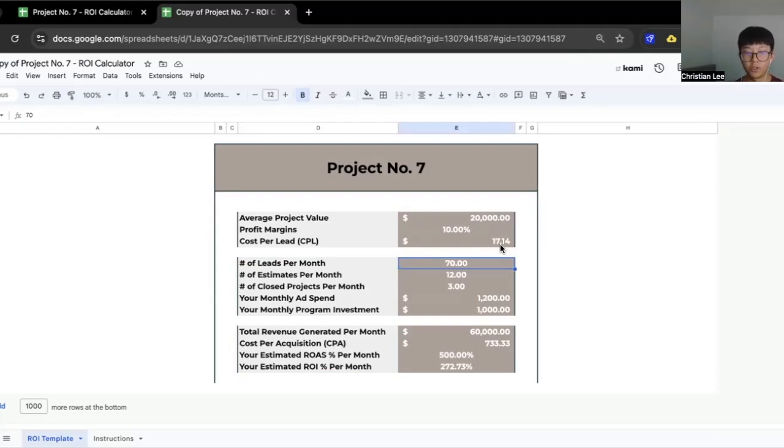I need to add more friction to the process, whether that's asking questions on a lead form or using a custom landing page like we do for our clients. So it's not really about lowering the CPL. It's about being able to sacrifice lowering the CPL for quality, balancing quantity and quality.